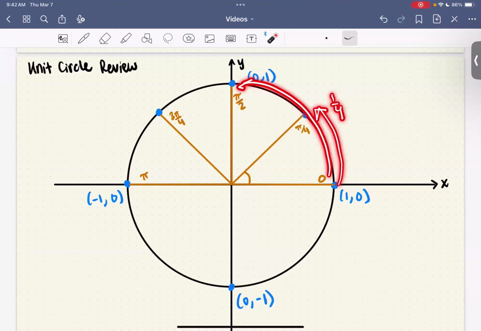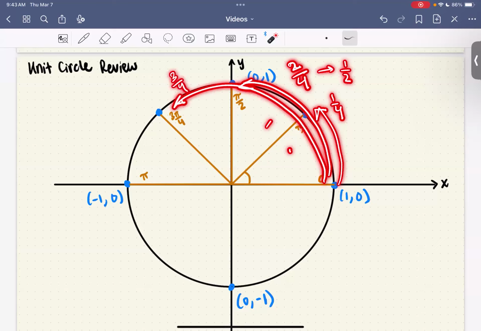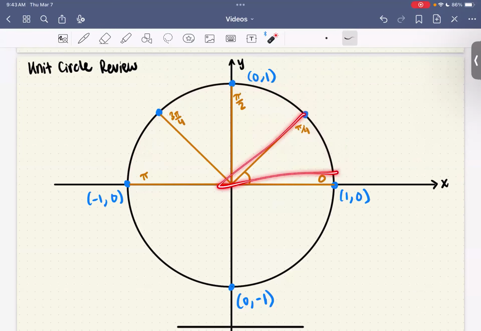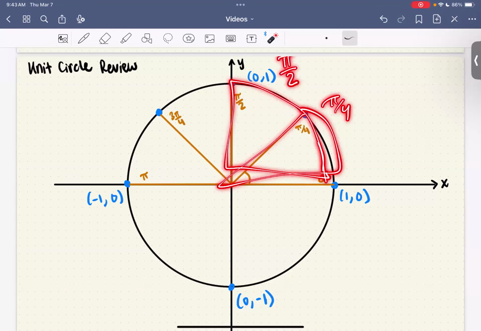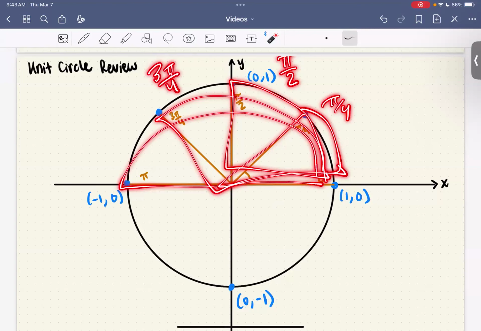Then I have 2/4, that's the same as 1/2, so I know that this was pi/2. Then I have 3/4, and then 4/4, which is the whole pi. So 1/4 of the pi is pi/4, 2/4 is pi/2, 3/4 is 3 pi/4, and the whole pi.